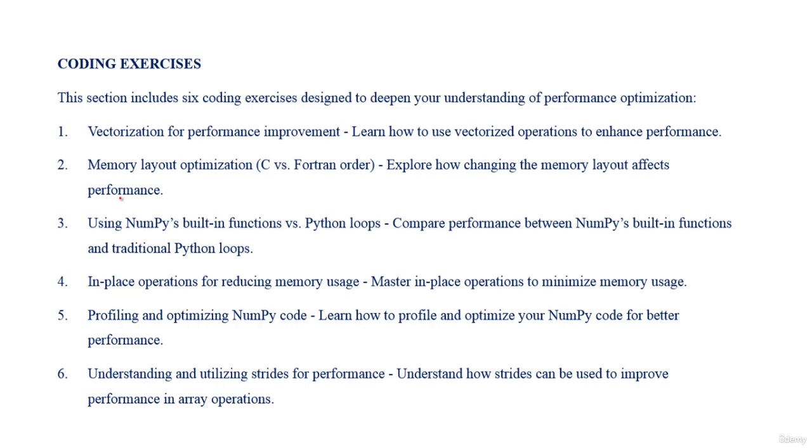Also, these are the coding exercises. I shared the solutions. All the coding exercises, I shared their solutions with their algorithms. For example, number 1 coding exercise is vectorization for performance improvement, memory layout optimization, C versus Fortran order performance, that is actually exploring how changing the memory layout affects performance, using NumPy's built-in function versus Python loops, in-place operations for reducing memory usage, profiling and optimizing NumPy code, understanding and utilizing strides for performance.